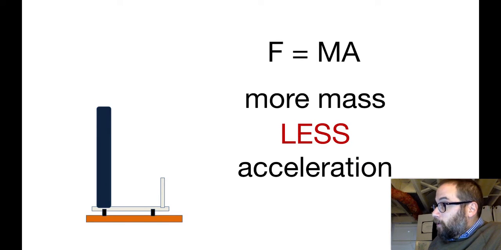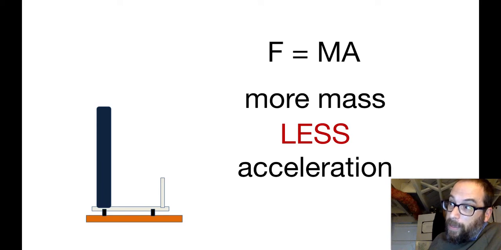Now, that's not good, right? Because we want the rocket to accelerate as much as possible to get going as fast as it can, because that's going to give it more energy and take it higher up into the air. Okay, so increasing the mass on the rocket in one way is negative, right? Because it's going to decrease the acceleration at launch.